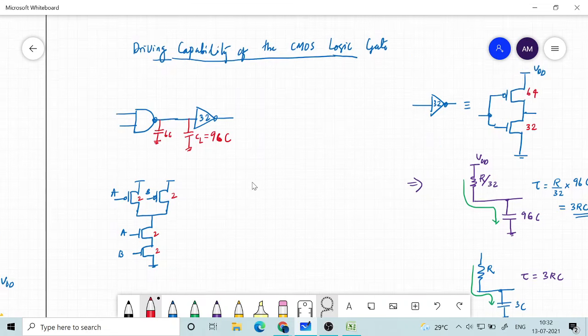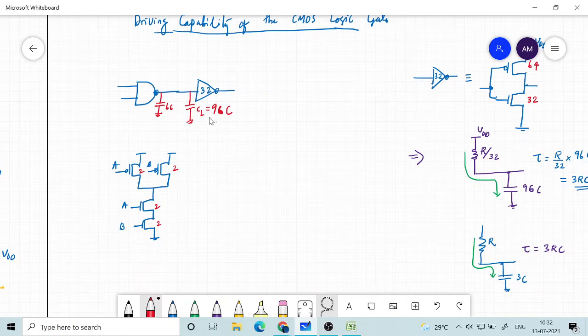It depends upon what stage is going to follow the current stage. We are looking at the delay of the NAND gate, so that will depend upon the stage that follows. Here we have considered a NAND gate feeding a big inverter which has 32 times the size of a standard inverter. If I write the delay expression, for example for the charging, the worst case is I have R, then 6C plus 96C.